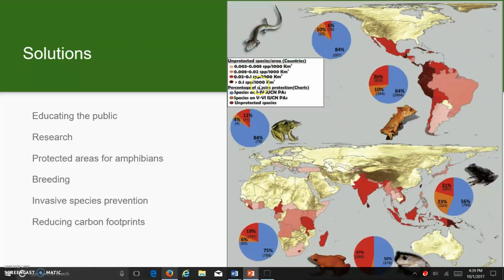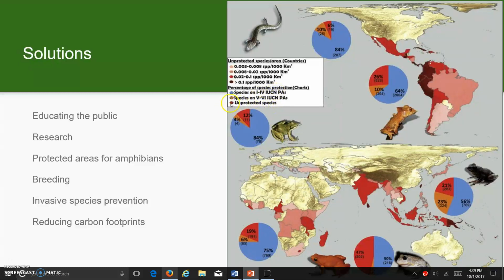This map depicts color coding in two ways. The countries are color coded based on unprotected species per area. So the darker colors are depicting a higher number of unprotected species than the lighter colors. And then the pie charts are color coded as well to reflect species that are protected on the different United Nations lists.